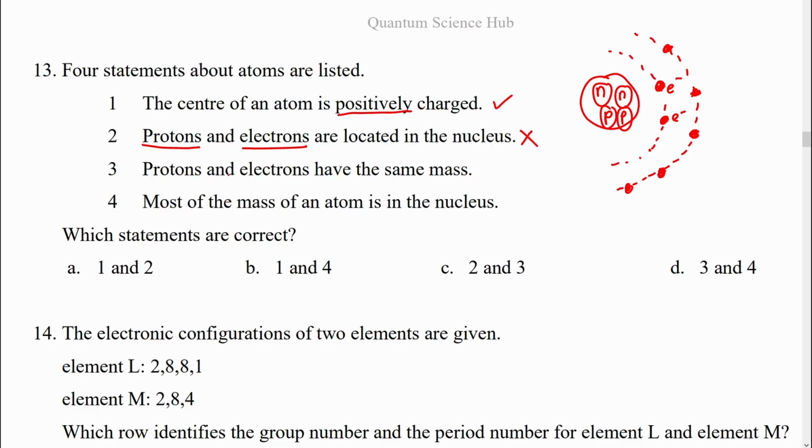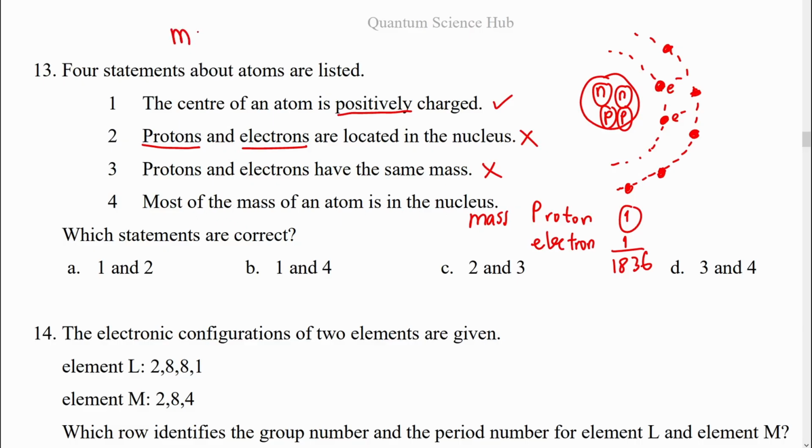Protons and electrons have the same mass. The relative mass of a proton is 1, while the mass of an electron is 1 out of 1836. So it means they have different masses, right? So this statement is wrong. Next, most of the mass of an atom is in the nucleus.